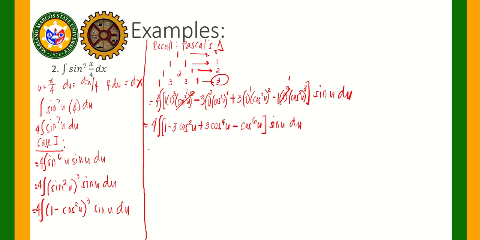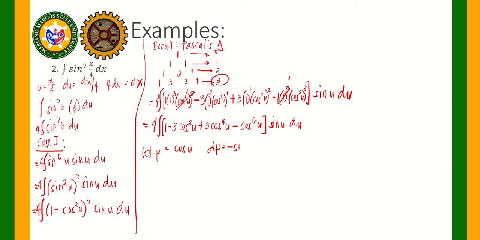Now, let us introduce a new variable again. Let p be equal to cosine u. Your dp will be equal to the derivative of cosine u, which is negative sine u du. To omit the negative here, we have negative dp equal to sine u du, so that we can substitute this negative dp for our sine u du.